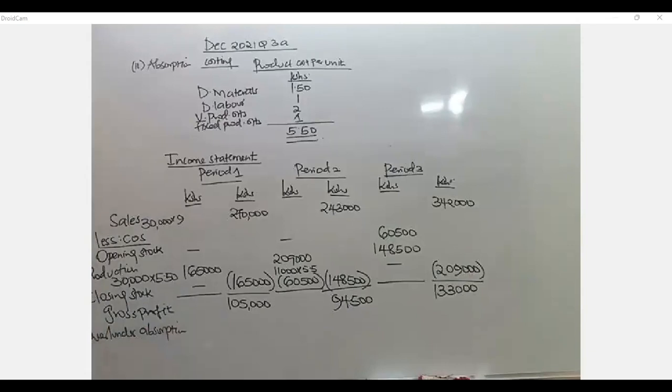The first one, we're able to produce 30,000. Our normal production capacity is 30,000. The production of the first period is 30,000, so we have dash here. Then when you go to the second one, we were able to produce 38,000, whereas our normal production capacity is 30,000. That translates to 8,000.